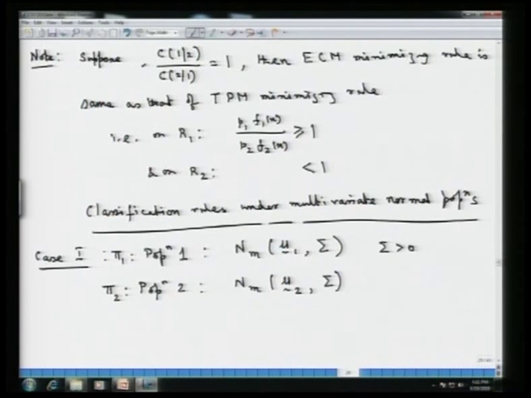Now, under such a situation, if we are trying to look at the ECM minimizing rule or the TPM minimizing rule, what is the form of the classification rules that we are going to get? Let us look first at a simple setup where we consider a special structure of the prior and misclassification costs.